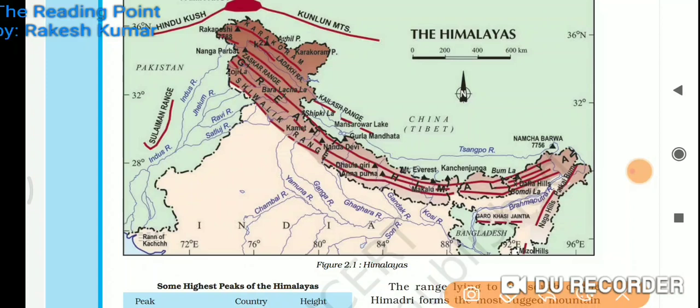Now we come to the Shivalik. The Shivalik or the outer Himalayas is the southernmost mountain range. These ranges are made up of loose deposits or soft rock. Actually, when the mountain region makes a slope, the water comes down from the upper hill slopes and deposits its materials in the lesser Himalayas.